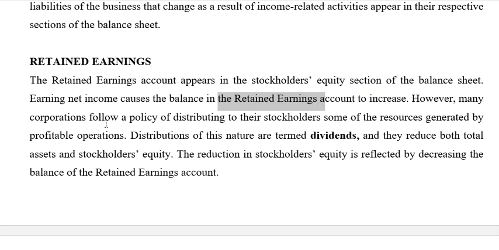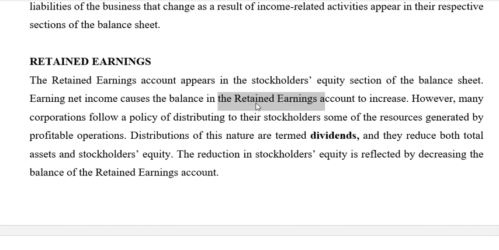Okay, many corporations follow the policy of distributing to their stockholders some of the resources generated by profitable operations. When the income is earned, it is added to retained earnings. The retained earnings account is one of a saving account, a reserve account of a company, from which a company can use for further investment at a secure amount.